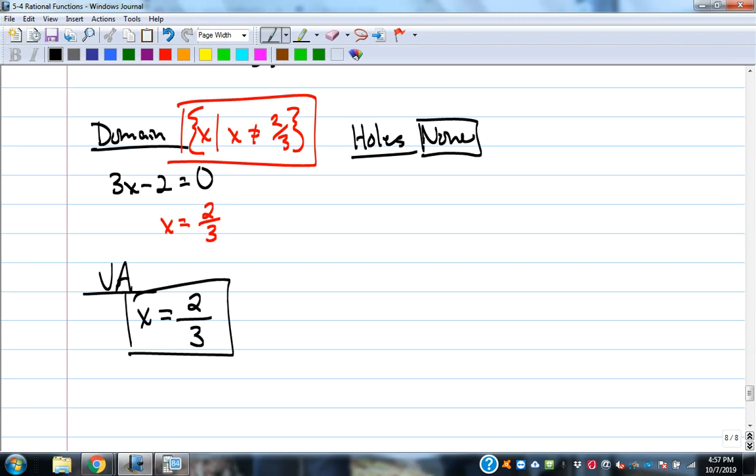So when you find your domain, you're going to have your vertical asymptote in there. You just got to simplify first to see which ones you keep for vertical asymptotes and which ones are gone. Okay. So vertical asymptotes should always match up to at least part of your domain. In this case, all the same as the whole domain.